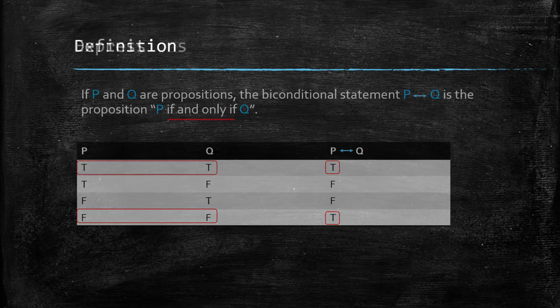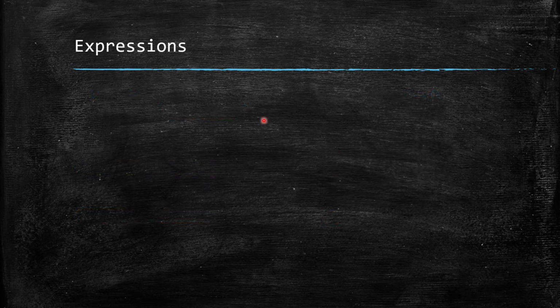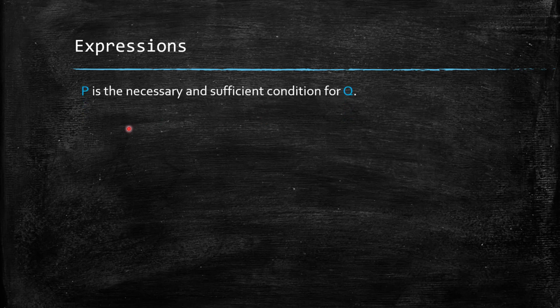Now let me talk about the different expressions we have for biconditionals. Like, P is the necessary and sufficient condition for Q, right? If you remember, in our conditional statements video we discussed in great detail what we mean by necessary condition and sufficient condition.